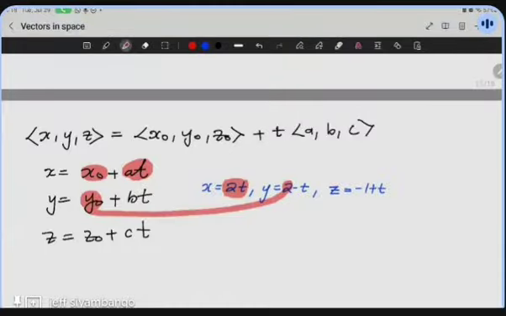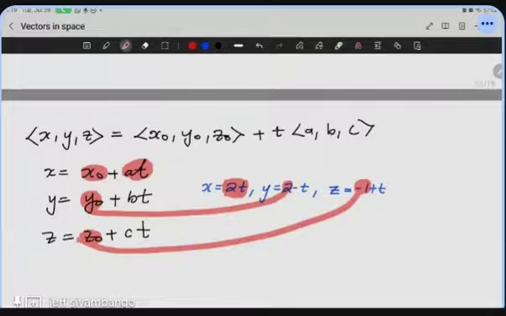Here I have minus 1, it means that z0 is minus 1. The coefficient of the t is a here, it will be b here, it will be c here. So I have 2, negative 1, positive 1. Do you get it now? Yes, sir. Thank you.